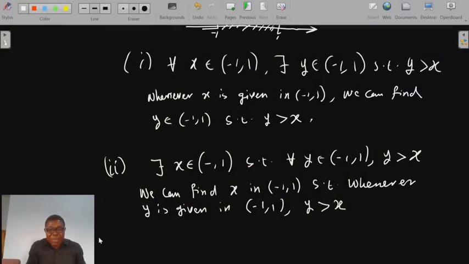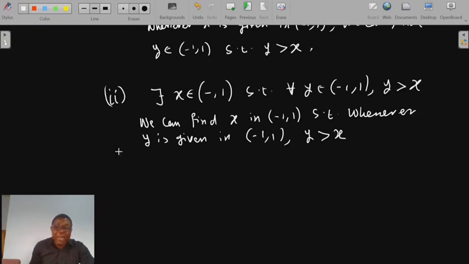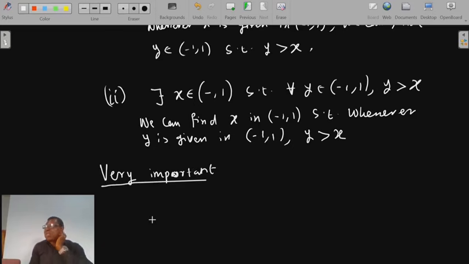This is very important. What I'll point out now is very, very important and should be borne in mind. It is a very important statement concerning the universal quantifier and the existential quantifier, and it's good we mention it now.